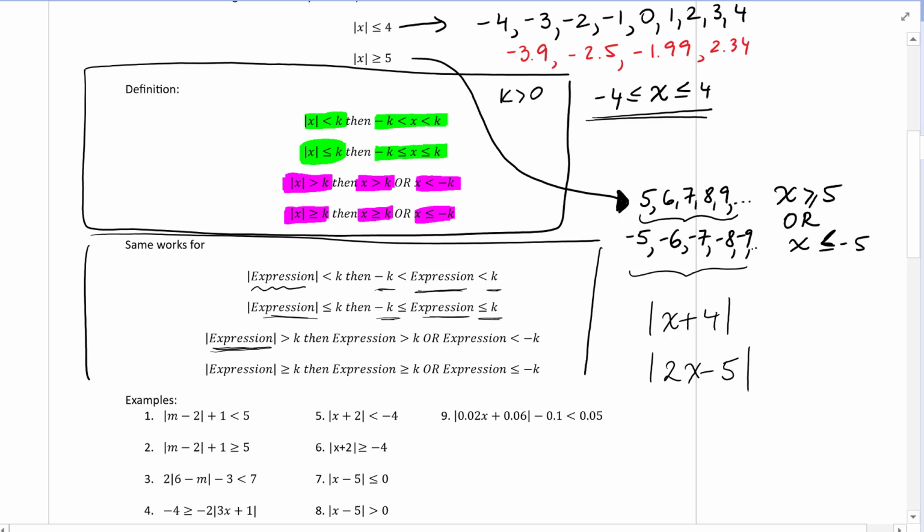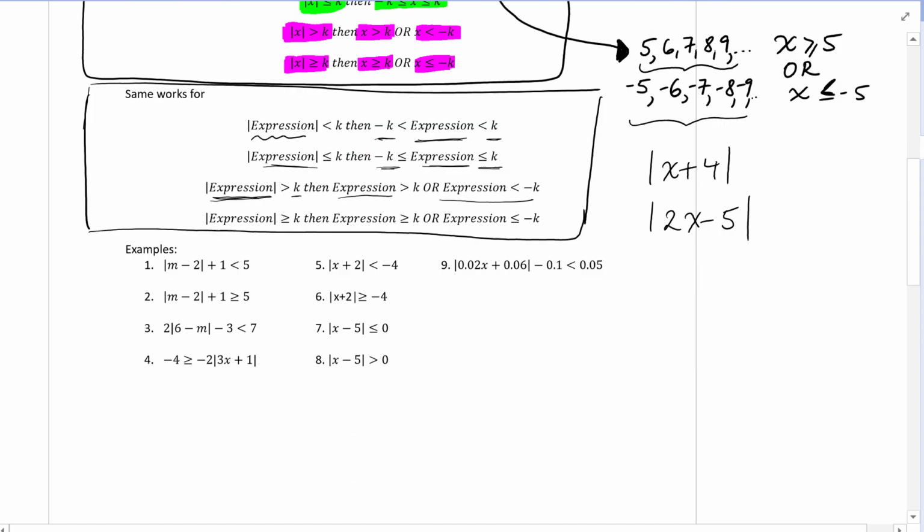If the expression in absolute value is greater than k, then the expression is greater than k, or the expression is less than -k. So this you have to memorize, or if you understood how we figured them out here, then you can apply it to your inequalities.